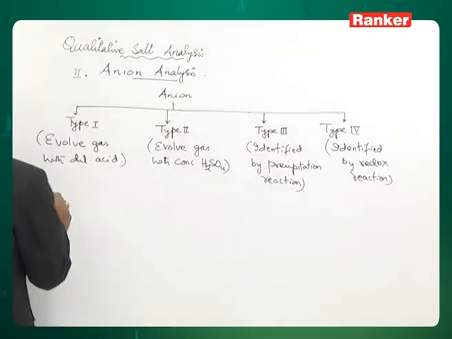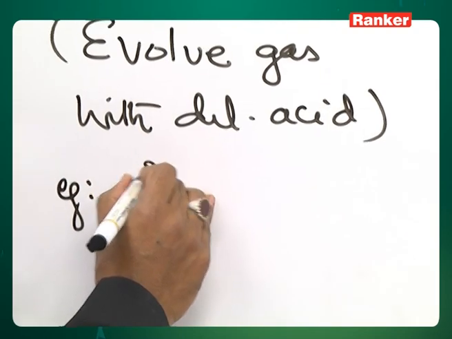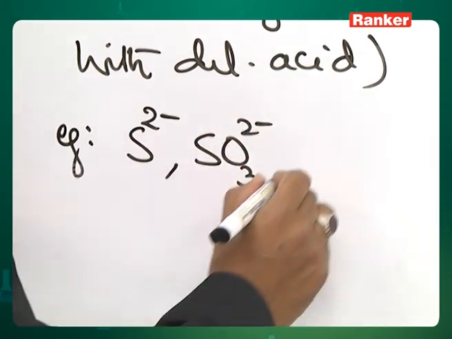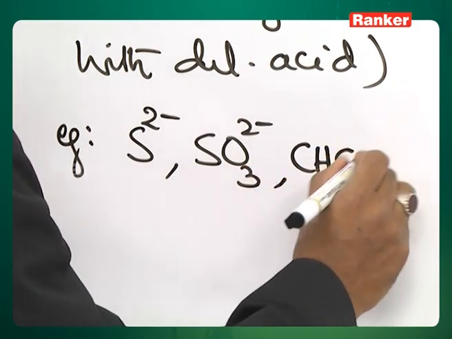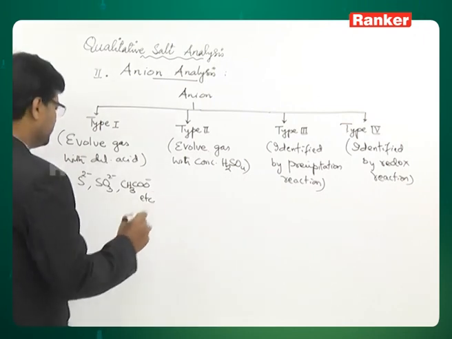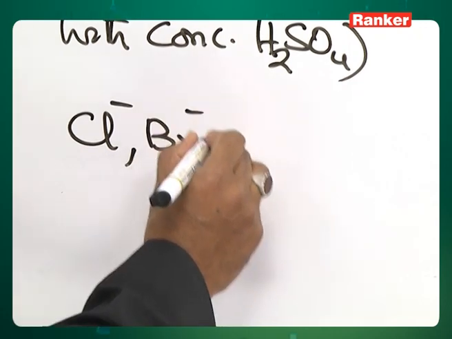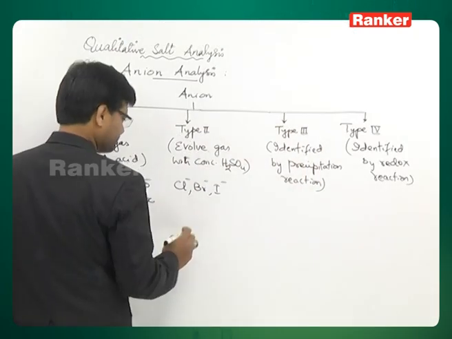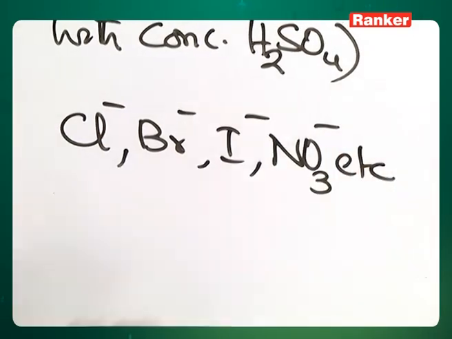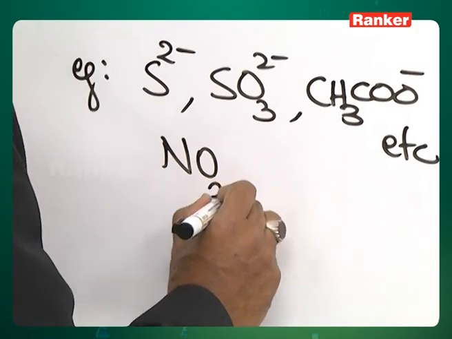Here we have examples. S2 minus, SO3 2 minus, CH3COO minus, etc. And here we have chloride, bromide, iodide, nitrate, etc. Whereas nitrite comes here, NO2 minus.